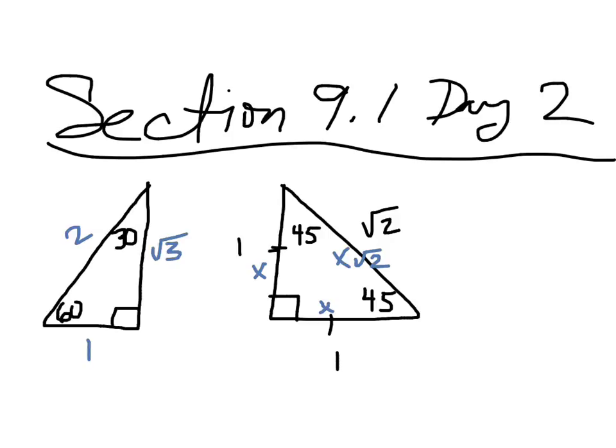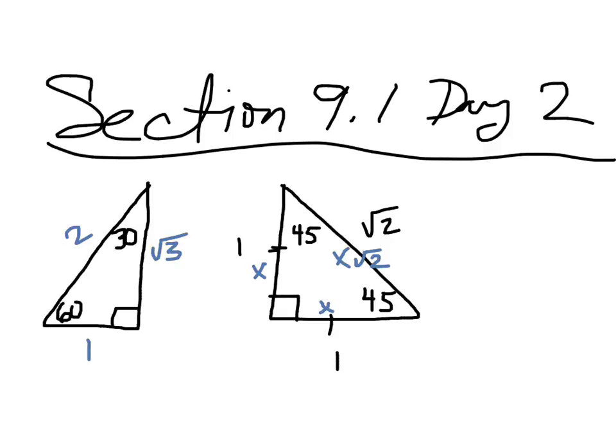A couple of the problems today, they're going to give you either a 30, 60, 90 or a 45, 45, 90, and then ask you to come up with those ratios that we did yesterday based on those numbers. Okay, that's what they're going to ask you to do. On page 463, on the bottom of that page, there is a chart. That chart might be beneficial for you in your notes.